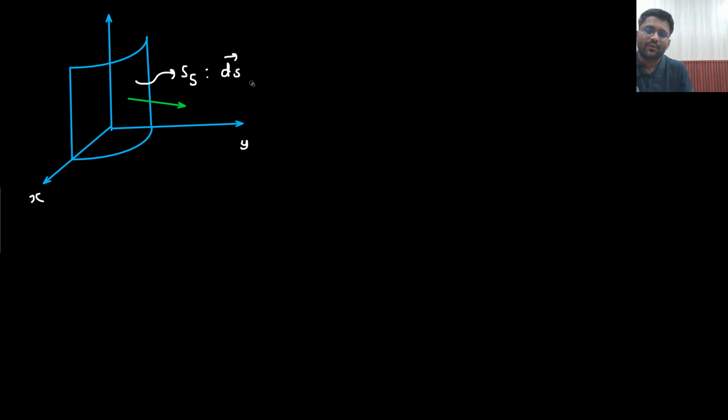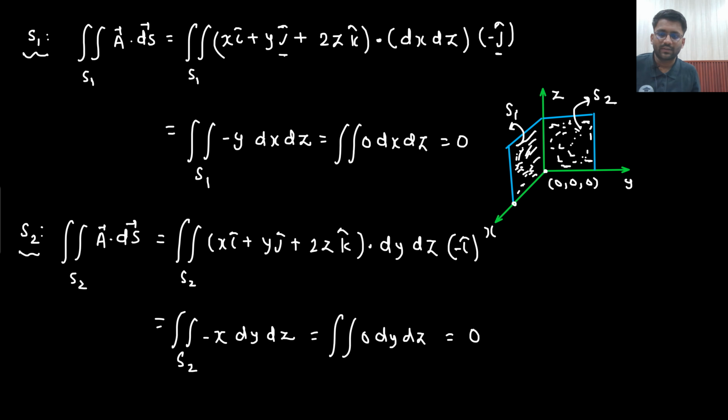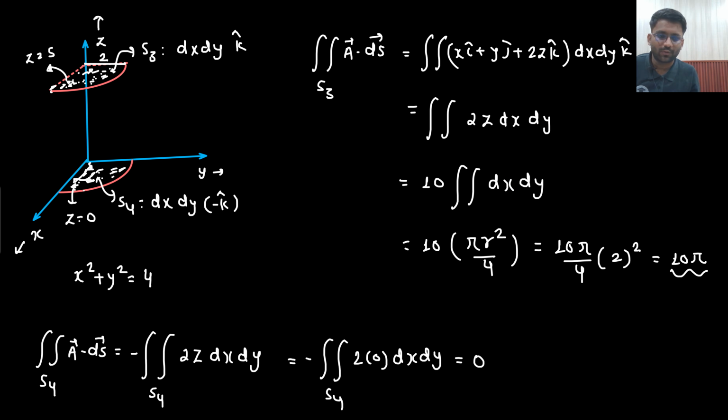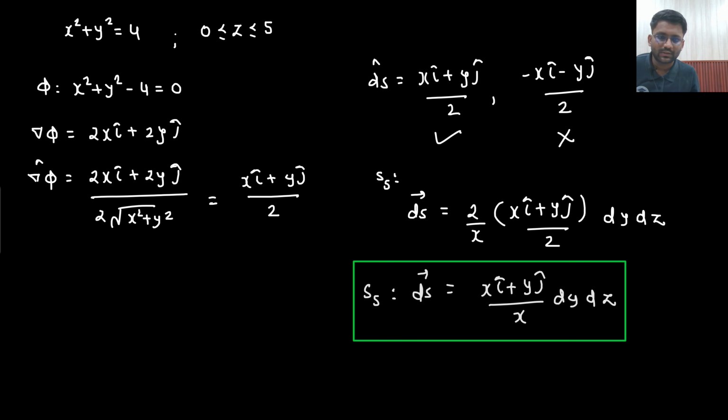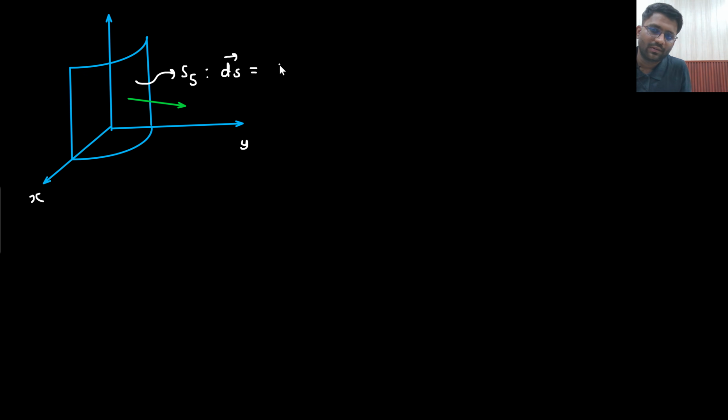So ds vector we have already written. What did that ds vector come out to be? It had a bit of a longer formula, which was xi cap plus yj cap divided by x dy dz. So this was the surface area vector that I was getting. What am I supposed to calculate?